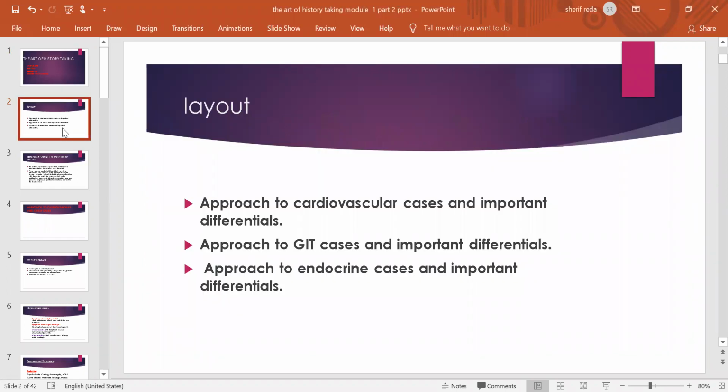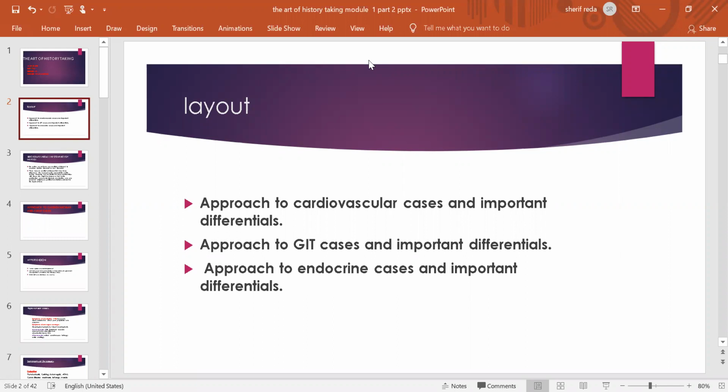This talk will be an application of what we have already learned about the art of history taking in the previous lecture. So we will try to follow the same scheme that we decided during the first talk. I mean, in each case we will take the stem or the scenario of the case, and then we will discuss what could be the positive findings in the history of present illness, in the systematic review, in the past medical history and the family history, and also in all types of history.